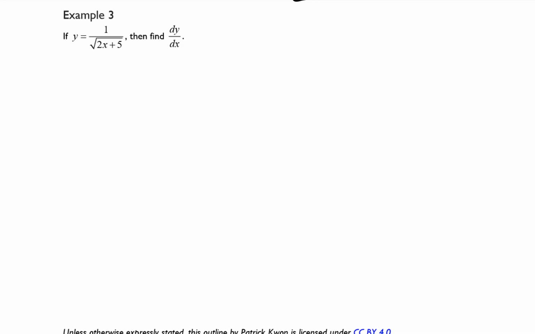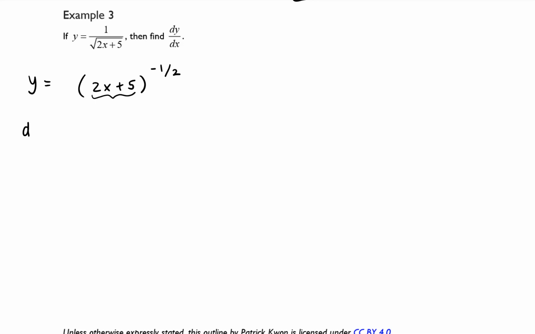So before we start using the chain rule, I'm going to rewrite our function to be 2x plus 5 to the power of negative 1/2. Now, we've seen problems similar to this, but notice that we have a little bit more of a complicated function inside.